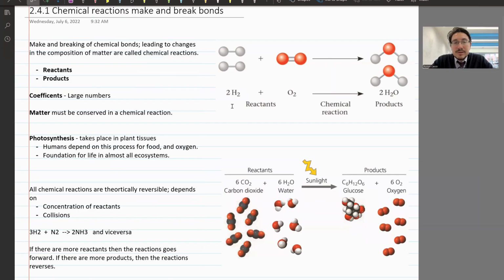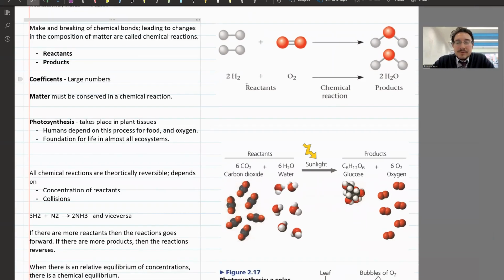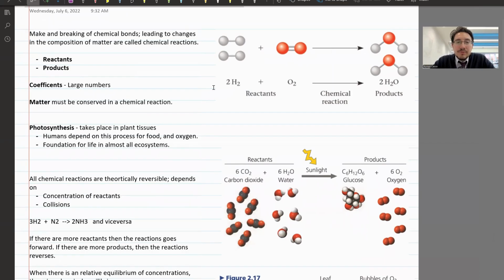So in this case, let's say you have two molecules of hydrogen and a molecule of molecular oxygen. They react together to produce two molecules of water, H2O. Okay. So a little bit of writing: you have coefficients.